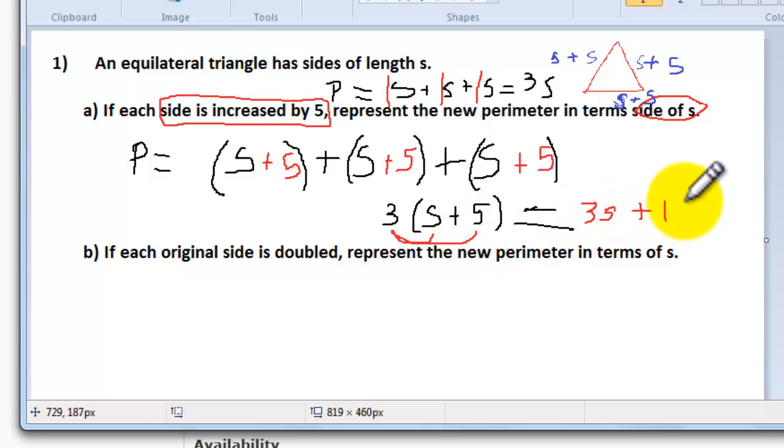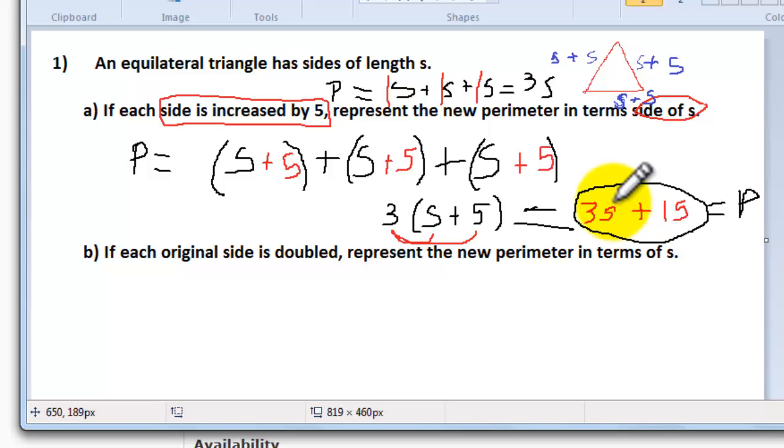And that would be the full shorthand formula you would use if somebody gave you an S value, but nobody did. So you just end up with an expression. 3S plus 15 represents the perimeter in terms of S.